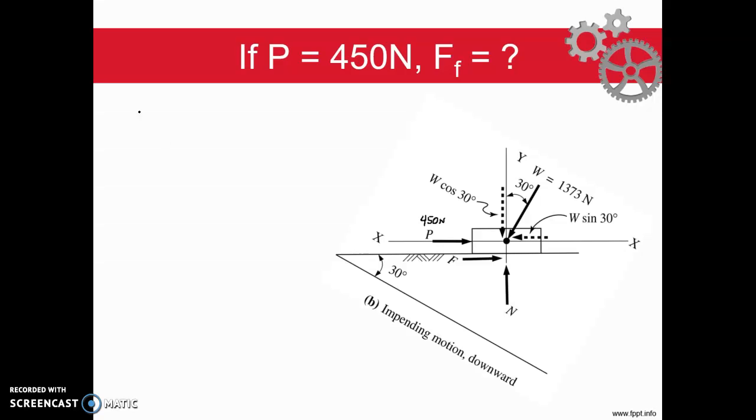So let's look at summing the forces in the x direction. We know that they're all going to cancel each other out in order to equal 0. So we have our pushing force P, which is 450 newtons to the right. We also have the x component of the weight, which we already found.